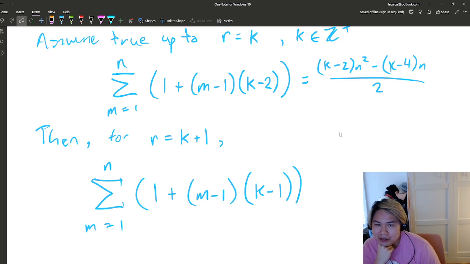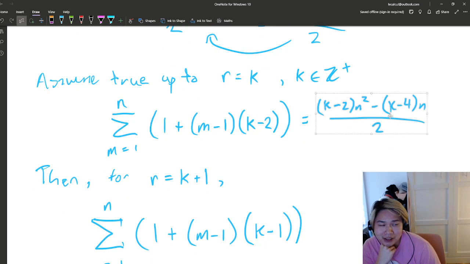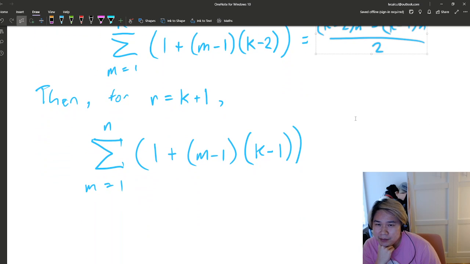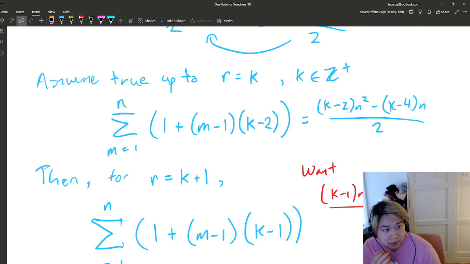Not really sure how. And then we want it to look like this, but for k plus 1 instead of k. So we want k plus 1 minus 2, which is k minus 1, and then k plus 1 minus 4, which is k minus 3.